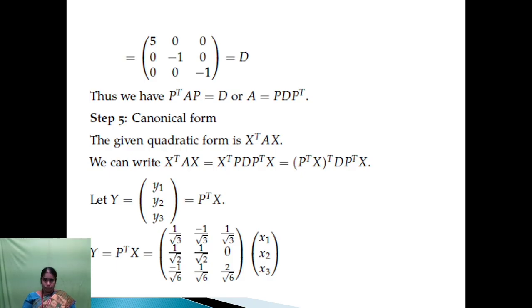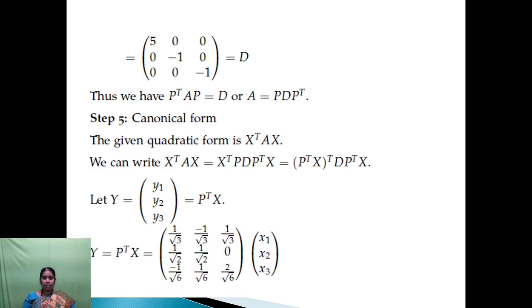Now, the canonical form. We converted the given matrix to a diagonal matrix. Now we have to convert it to the canonical form, the same procedure as earlier. Our x transpose Ax is nothing but (P transpose x) whole transpose into D into P transpose x, where y takes the value of P transpose into x.